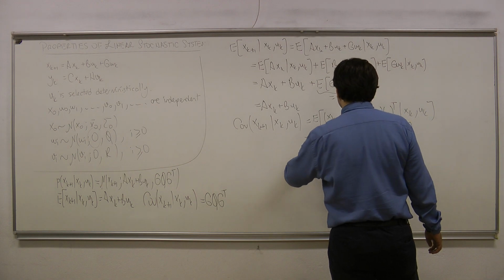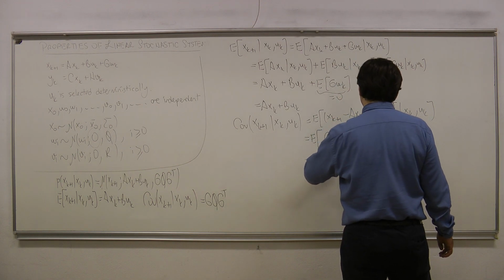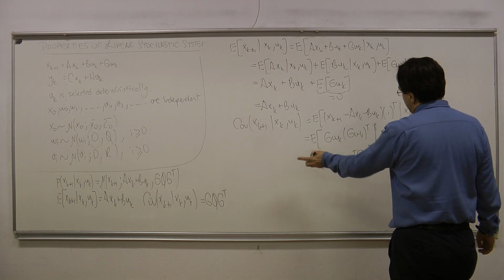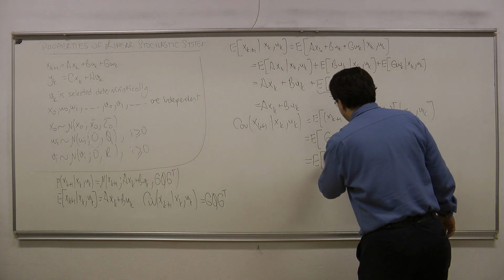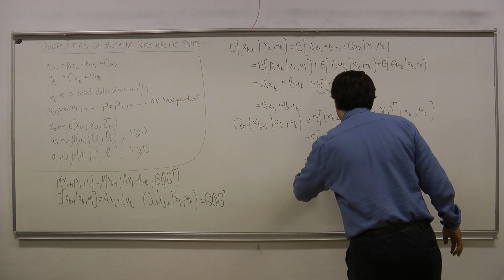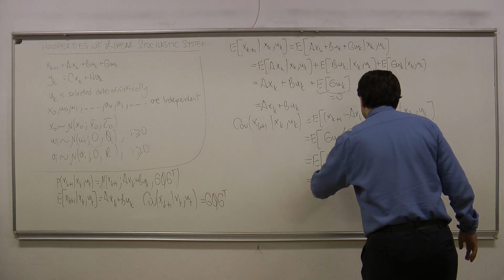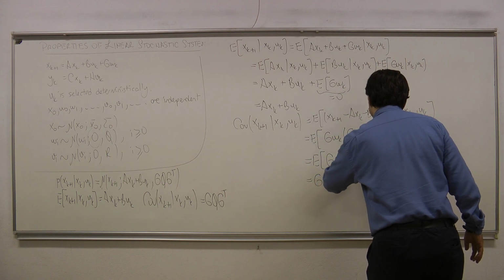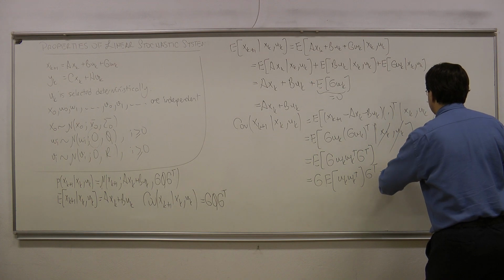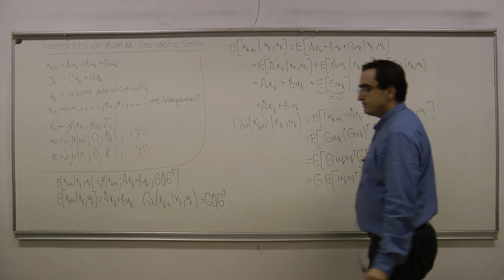That means that I need to calculate only the expected value of w_k w_k transpose with G and G transpose, and expectation can be taken inside of this matrix multiplication. G times the expected value of w_k w_k transpose times G transpose, but this is nothing but G Q G transpose.